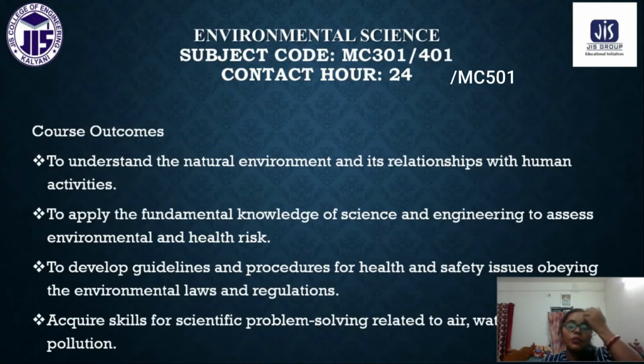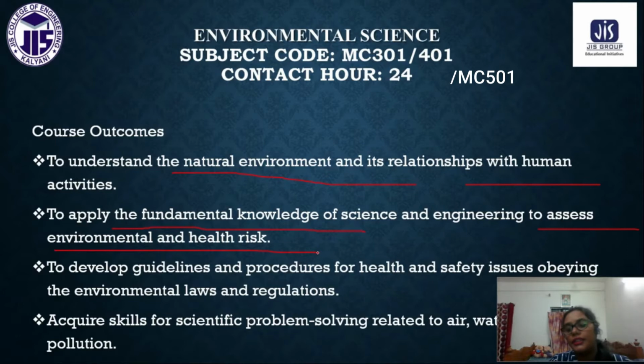Now we have the course outcomes. After finishing this course, you can understand the relationship between the environment and human activities. You can also apply your fundamental knowledge of science and engineering to assess the health risk and environmental risk.